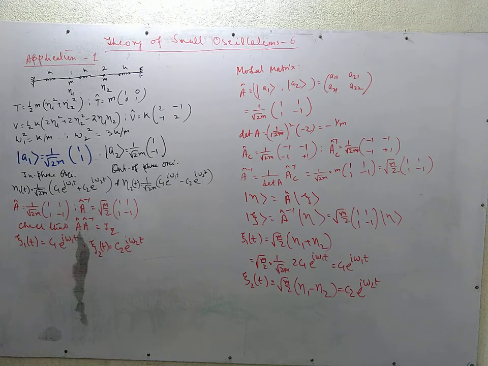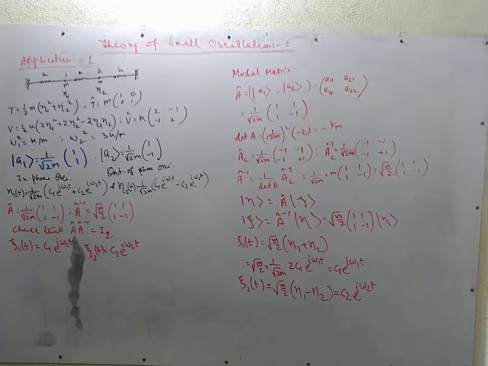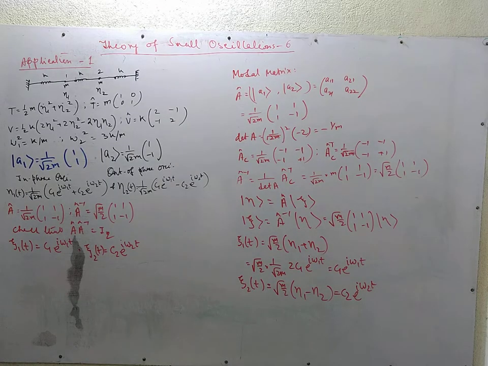There is no interaction part in the normal mode analysis. That is why normal mode analysis is very popular in physics. That's all for today's class. In the next class we shall consider another example having 2 degrees of freedom.